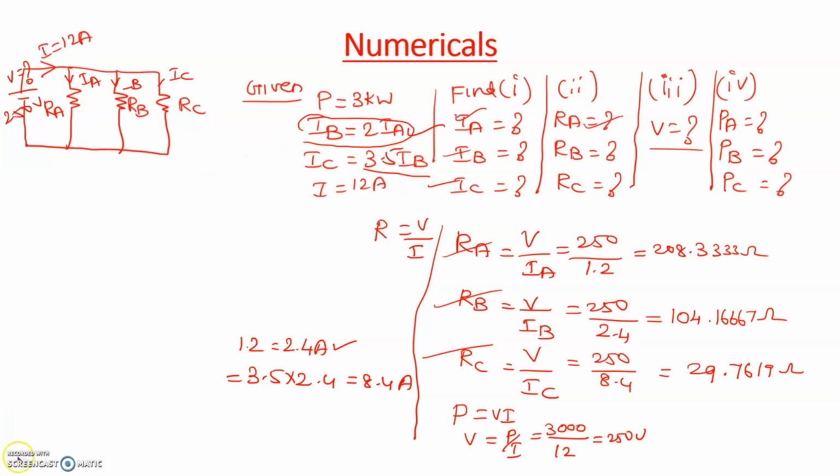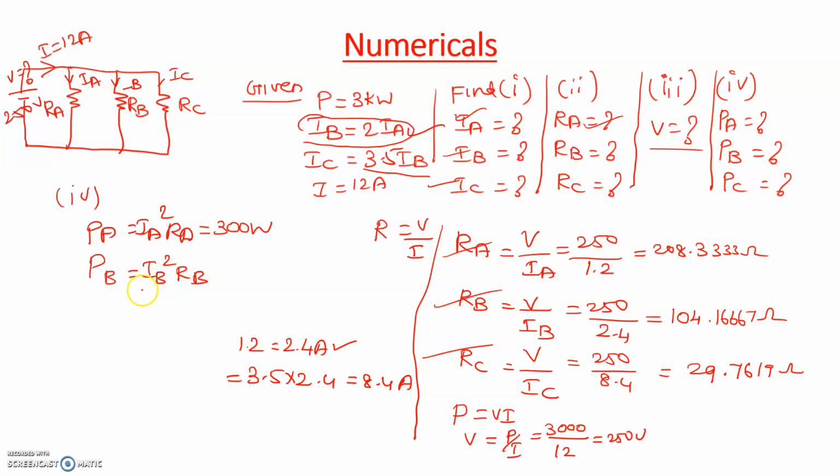So PA is equal to IA squared into RA. So this is 1.2 squared into RA, 208.333. Simplifying that we will get 300 watts. And PB is equal to IB squared into RB.